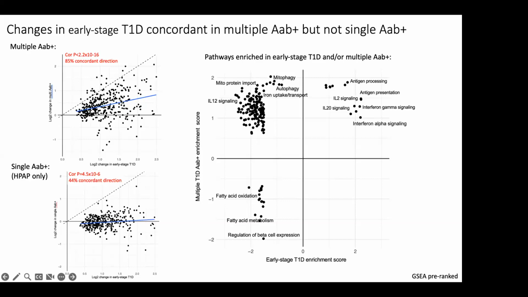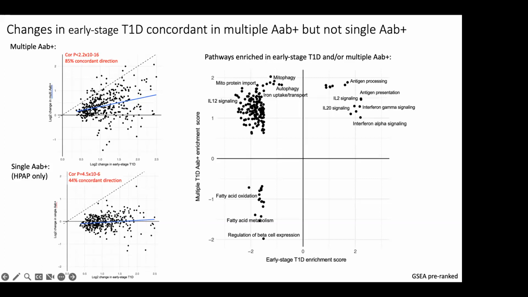So the effects of these genes are roughly half of what you observe in recent onset type 1 diabetes. So this suggests that the beta cells collectively of these multiple autoantibody individuals have some intermediate phenotype to what you're observing in recent onset type 1 diabetes.